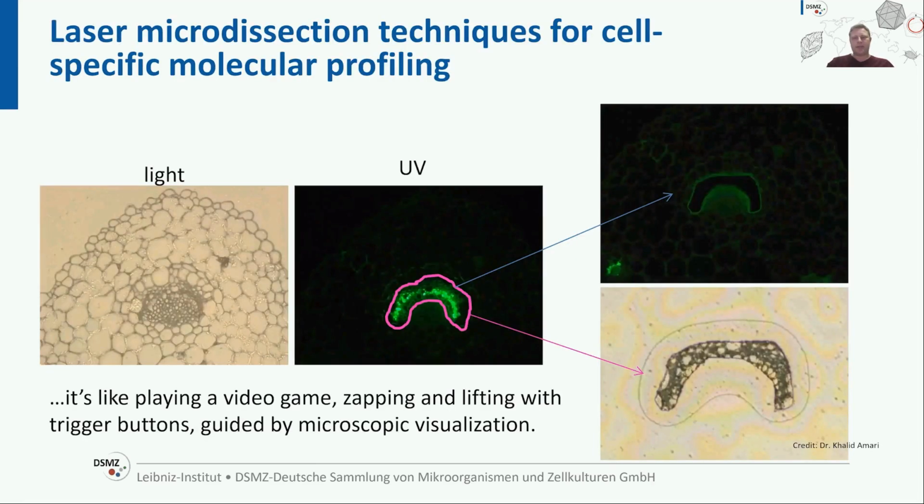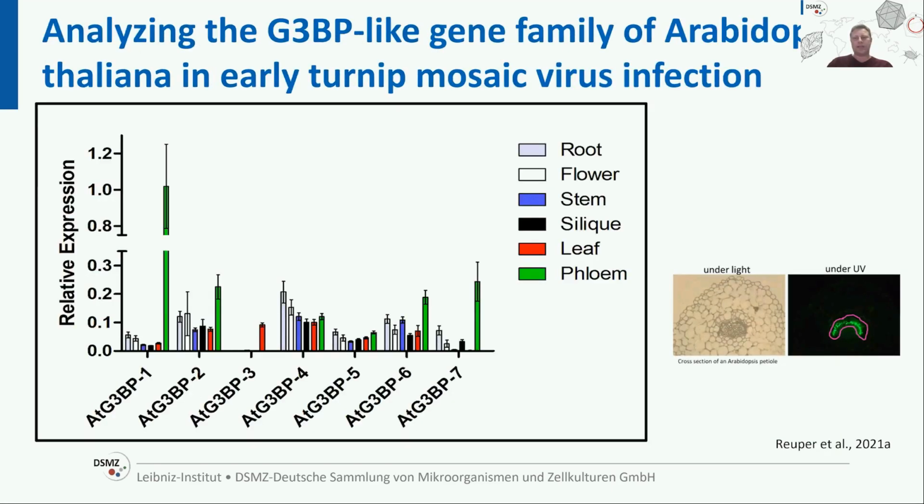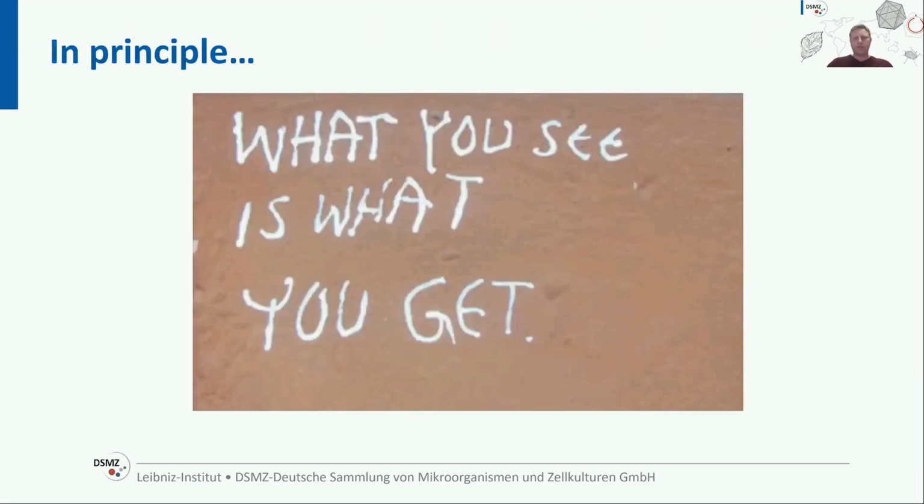And this specific sectioning allows us to target and isolate individual cells, like depicted here. In this case, we isolated phloem cells from Arabidopsis thaliana petioles under fluorescence. And here, in this particular case, we analyzed the expression level of the G3BP protein family, which we published in 2021. So in principle, what you see is what you get.